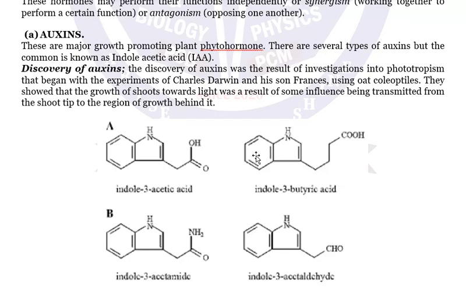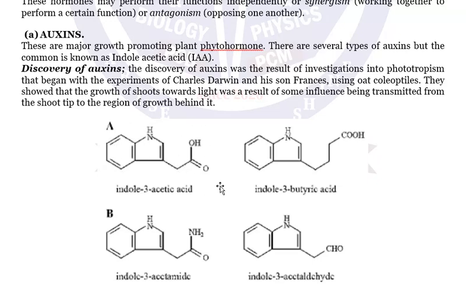So every kind of auxin must have an indole skeleton, and then it has the attached group. These are just the chemical structures of auxin: the indole skeleton, and then the attached group.